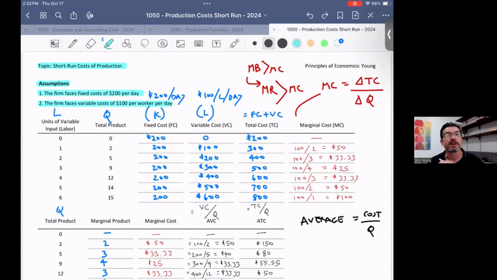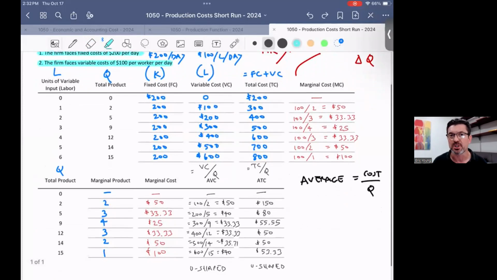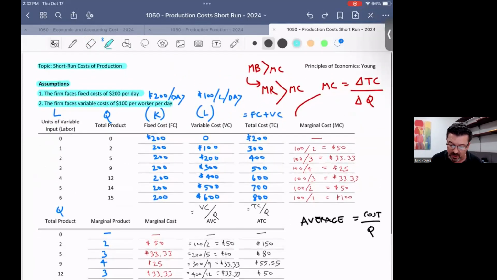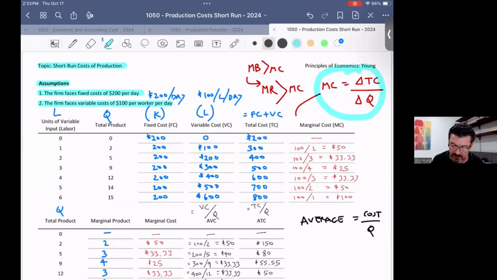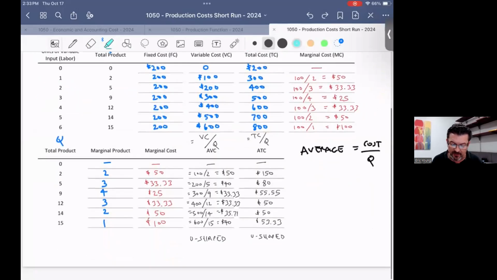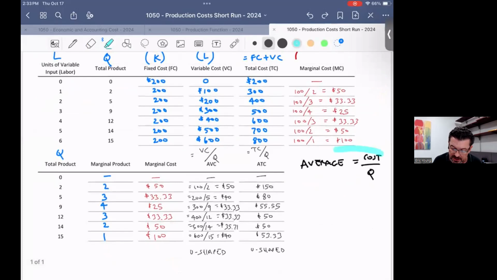We added them together to get total cost, which gave us this column here. We then did some really important number crunching. We got from total cost to marginal costs with this formula, and then we got from total cost to average costs with this formula.